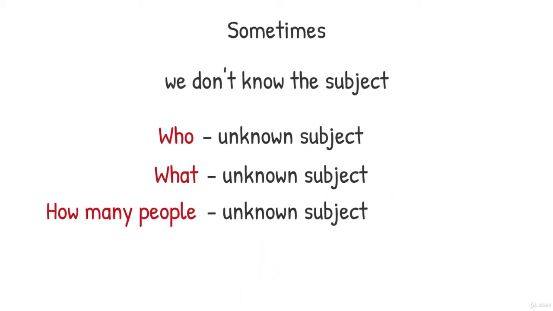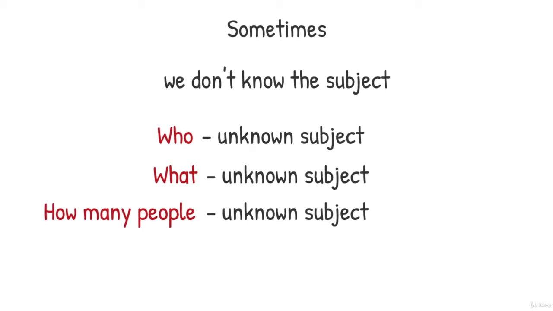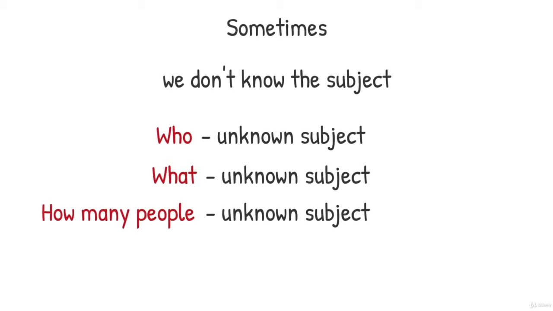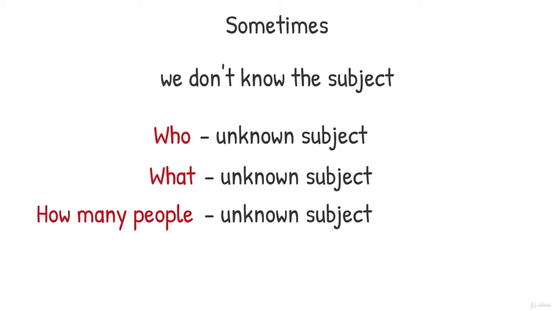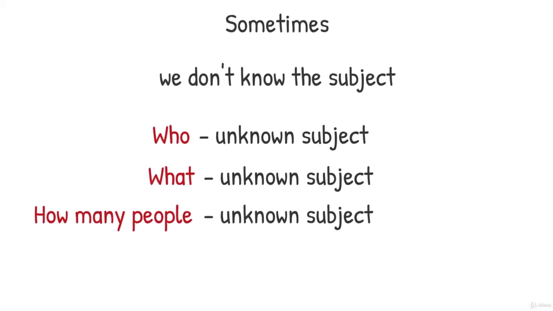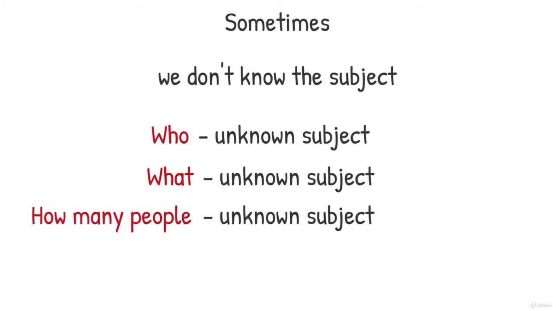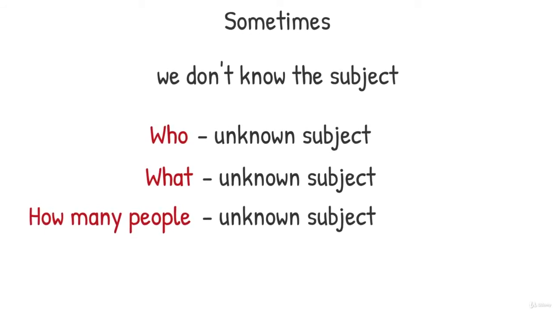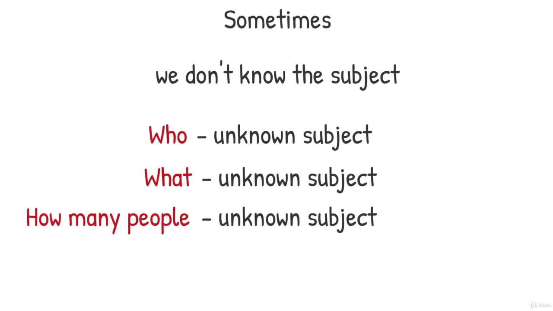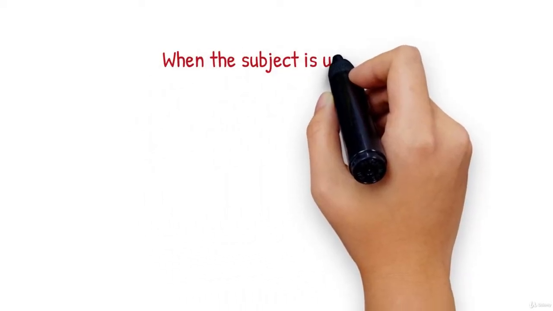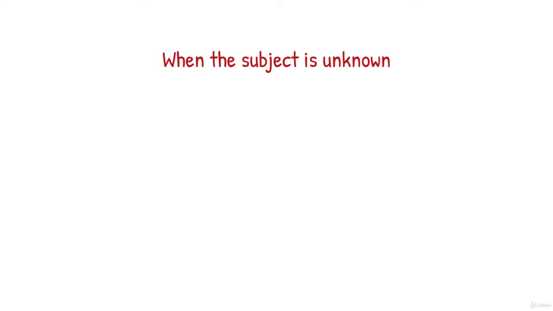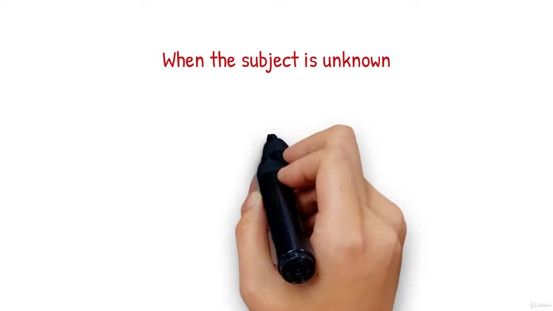In other words, when the subject is a question word or a question phrase like who, what, how many people, and in lots of other examples, we say that the subject is unknown. In case when the subject in the question is unknown, in simple present, we build this question without auxiliary verbs do or does.